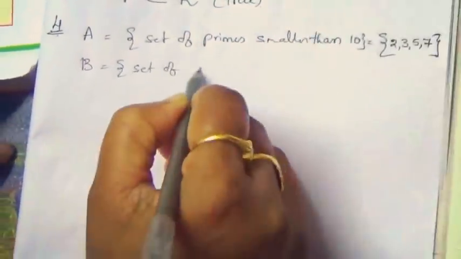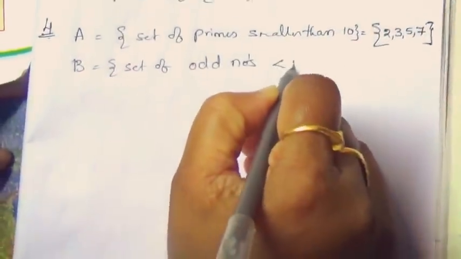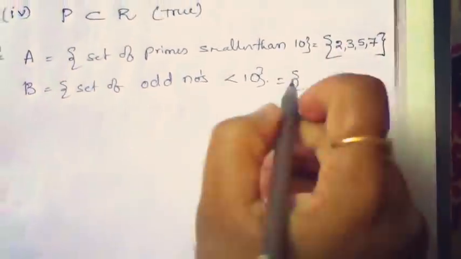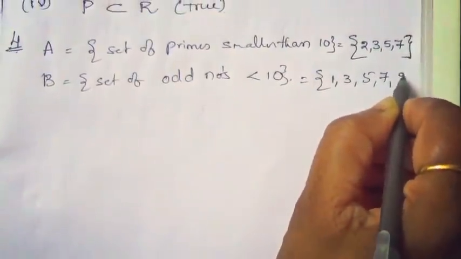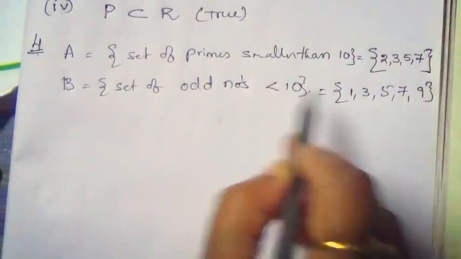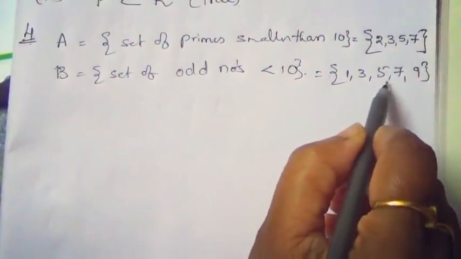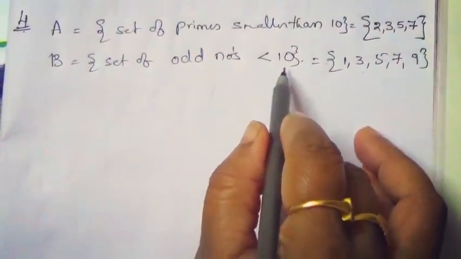So B is the set of odd numbers less than 10. What are the odd numbers? 1, 3, 5, 7, 9. Less than 10 means we have to finish up to 9, right? These are the odd numbers less than 10.